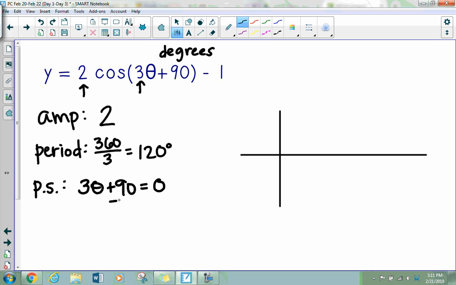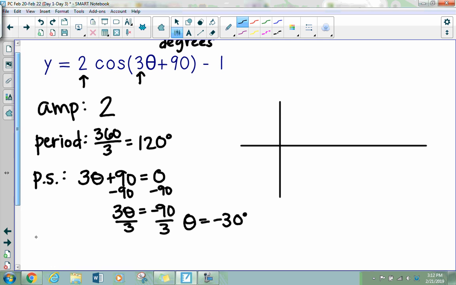So in this case, I'd have to subtract 90 from both sides, and then I'd also have to divide by 3. And that gives me a theta equal to negative 30 degrees. What that means is that the cosine curve that we're looking at here got shifted left, because it's negative, left 30 degrees. That's going to be important when we sketch our graph.